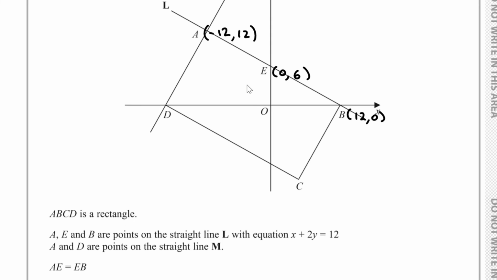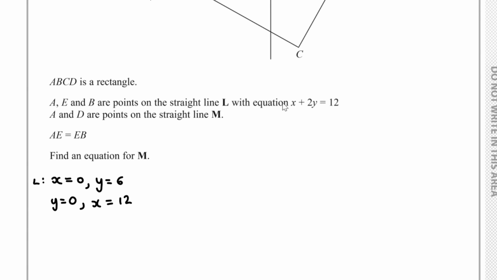Now, how does this help us? Well, what we can also see, if we rearrange, we've got y equals minus 1/2 x plus 6. So therefore, the gradient is minus 1/2.